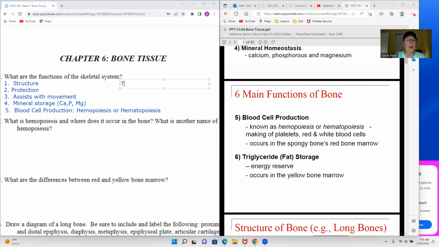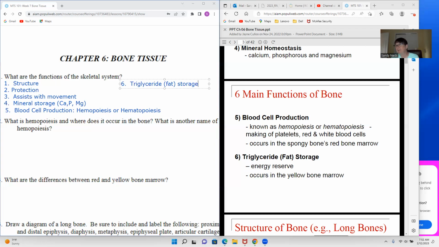And then 6 is triglyceride or fat storage. So those are the 6 functions. We probably know the first 3: structure, protection, and assisting with movement.